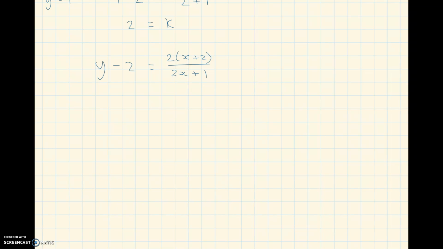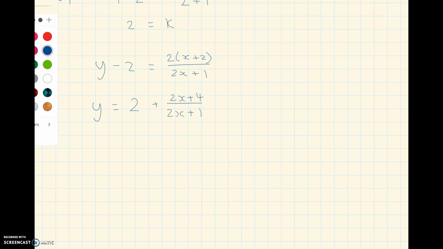And if I want to simplify this down a bit, that's just going to be the same as y equals 2 plus (2x plus 4) over (2x plus 1). But this is one of those fractions where the top and bottom are of the same power.